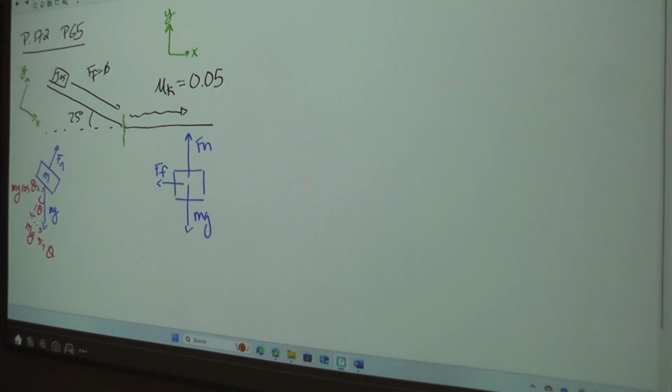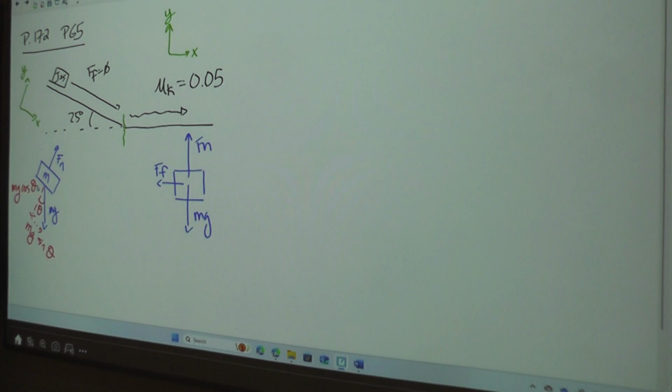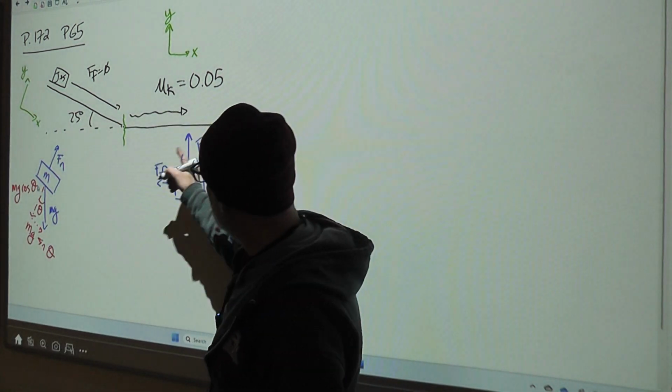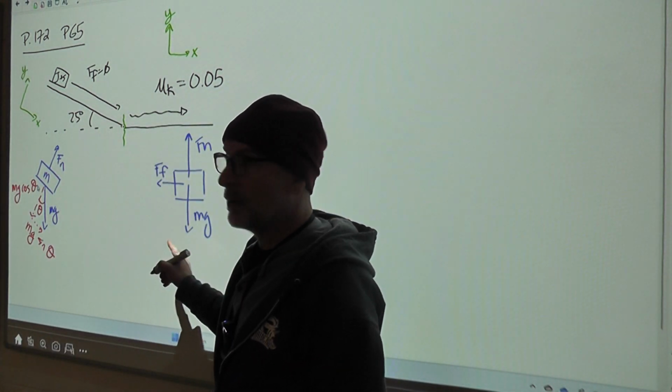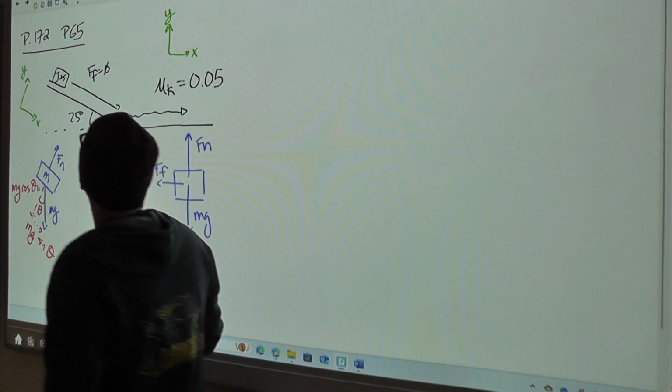It's always gonna be true for an object on a slope. You know the angle of the slope with respect to the horizontal, that's gonna be the same as this angle right here. This diagram is your ticket, okay? And over here, in our free body diagram, all of our forces are aligned with our reference axes, okay?